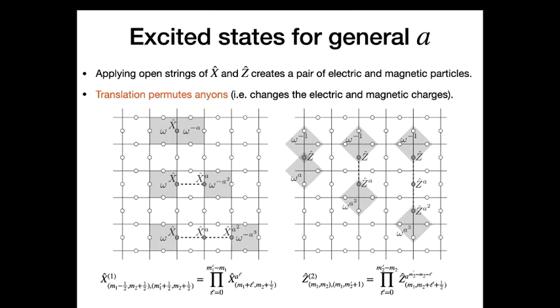So the charge of the excitation is not the same. And if you want to move these anyons, you have to use not the x operator, but the x to the power a operator, right? Then every time you move anyons, the charge changes, like from a to a squared and a cubed. So moving anyons must interchange anyon species.